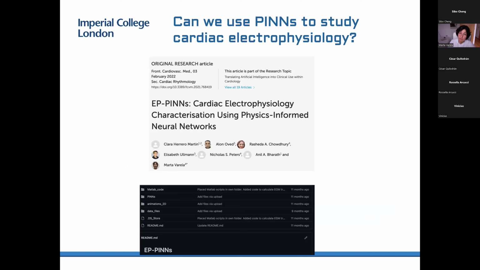So the question I'm going to answer now is whether we can use this framework to make inferences about cardiac electrophysiology. I won't talk a lot or at all about the medical motivation for doing this, but it's ultimately to characterize what is happening in cardiac tissue from measurements that we have. So we have our measurements, typically clinicians look at them and make a diagnosis, say, oh, I see evidence that something is happening.